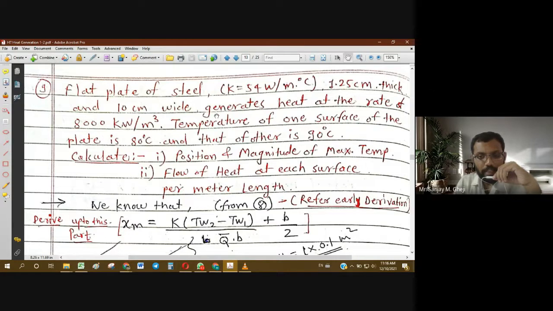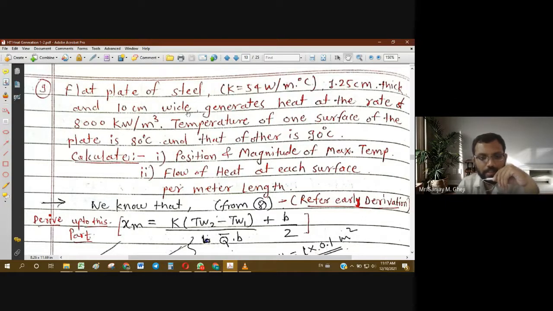So there is an internal heat generation. This is very similar to the steady state heat transfer with internal heat generation. Then temperature of one surface is 80 degrees Celsius and the other face is 90 degrees Celsius. So these are unequal temperatures; the boundary conditions are given as unequal temperatures.